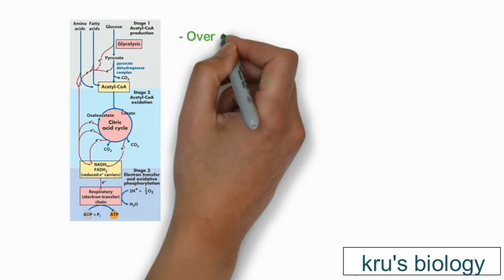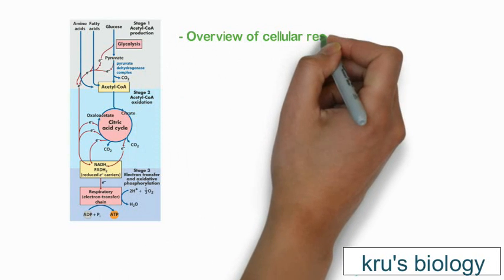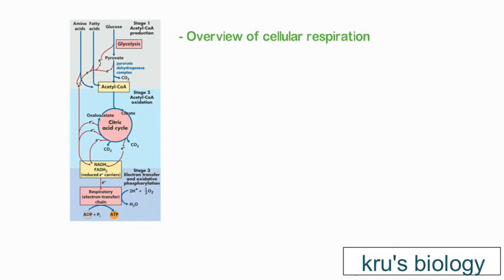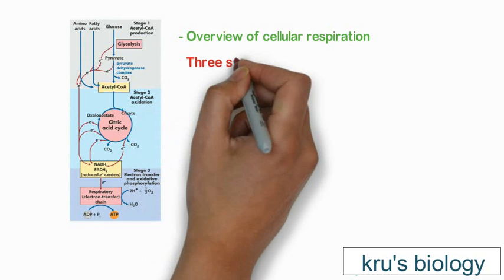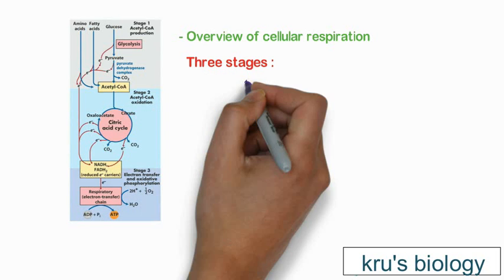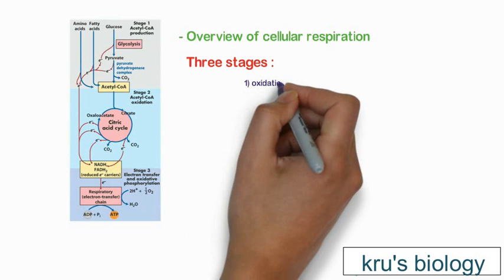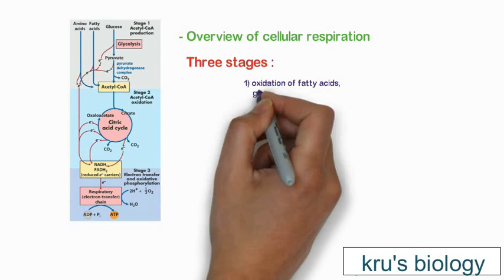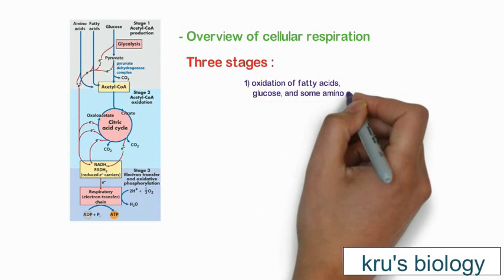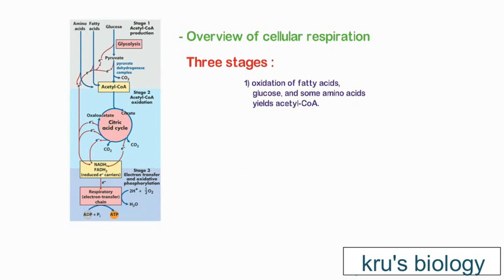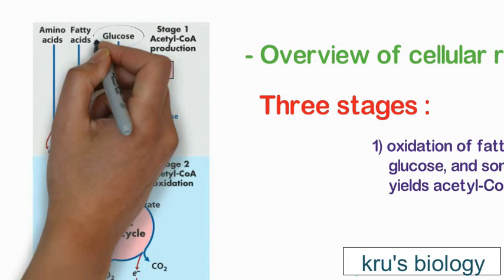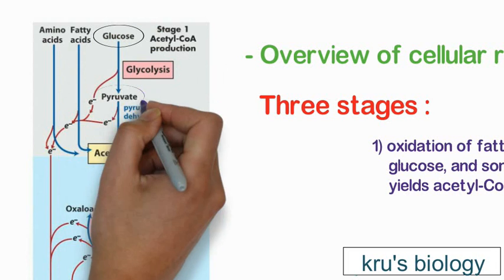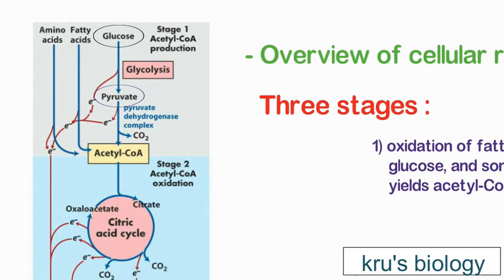First, we are going to see the overview of cellular respiration. There are three stages of cellular respiration. The first stage is oxidation of fatty acids, glucose and some amino acids that yields acetyl-CoA. Glucose is converted into pyruvate via the glycolysis pathway.